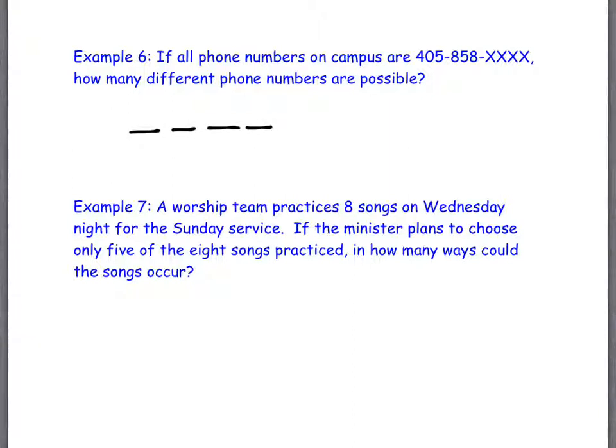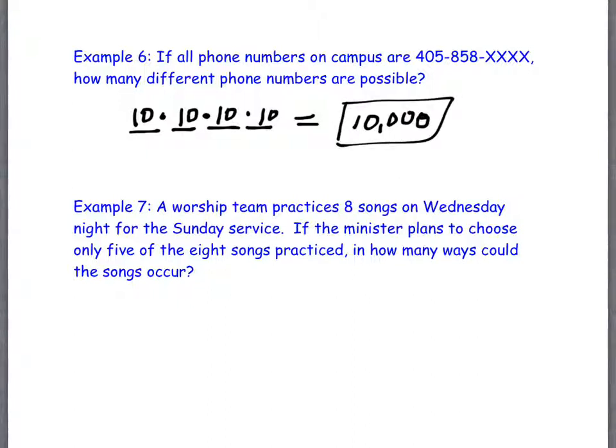Okay? We have 4 things I have to choose, and I have 10 choices that I can make in each category. So this is like my Pizza Planet example. 10 times 10 times 10 times 10. What's the result of that? 10,000. So there are 10,000 phone numbers on campus that we could have if we had this format for our phone numbers.